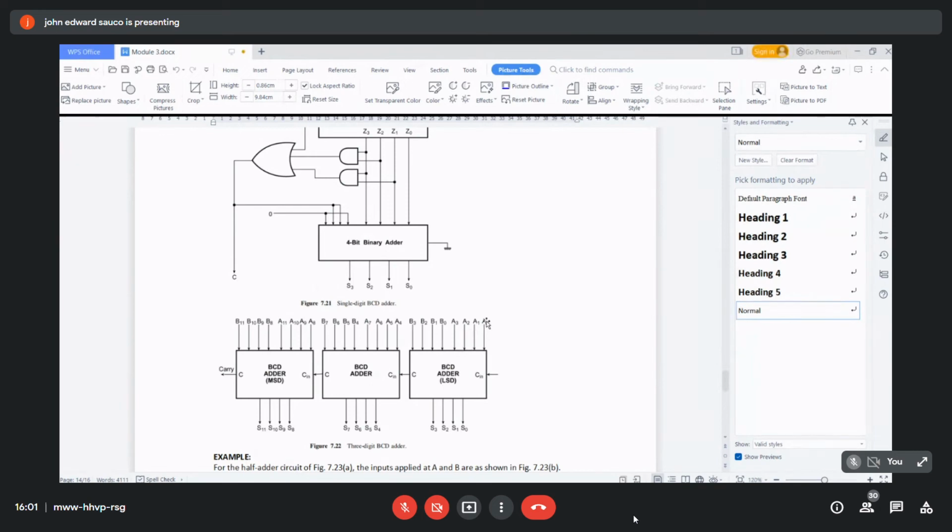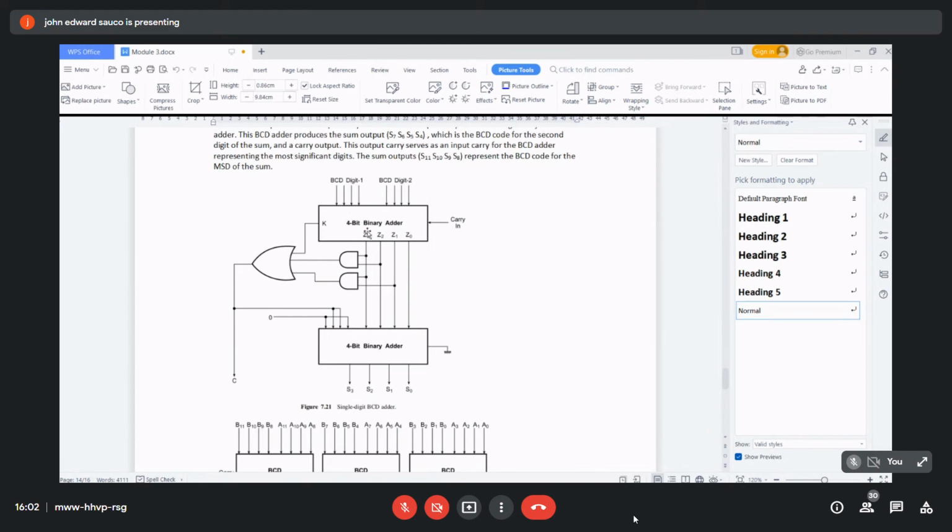So, yung A0 to A3, i-add mo sa B0 to B3, nakaroon ka ng S0 to S3. Pero yung A4 mo, B4 to B7 is another BCD adder kapag 3 digit. So, ang kaya niya lang dito is 4-bit binary adder.